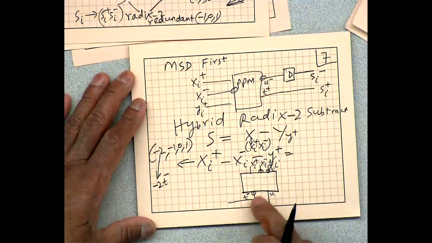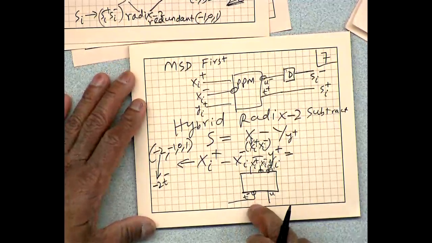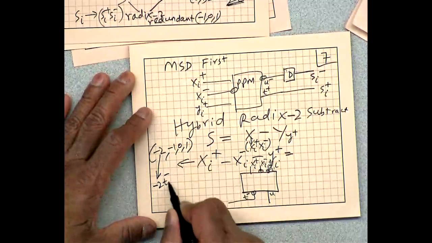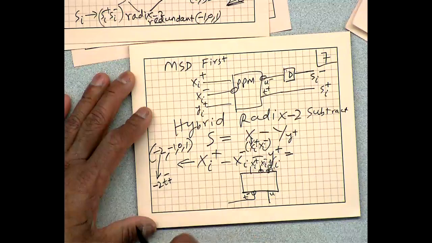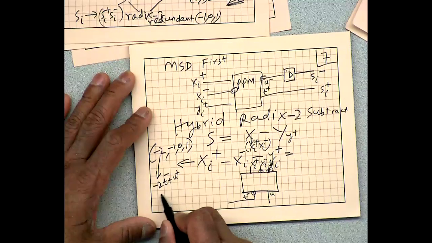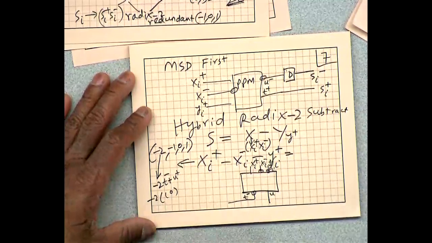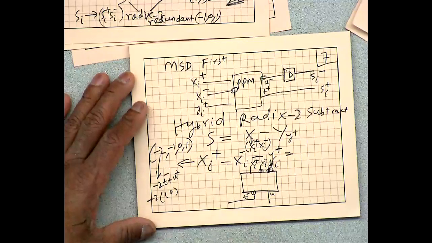And by putting this negatively weighted here, I can then say, if the result is minus 2, that's going to be 1, 0. Minus 2 times 1 plus 0.